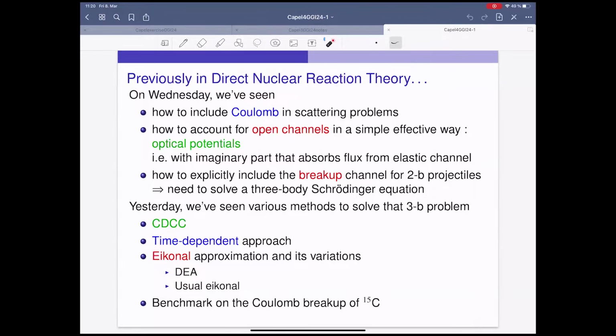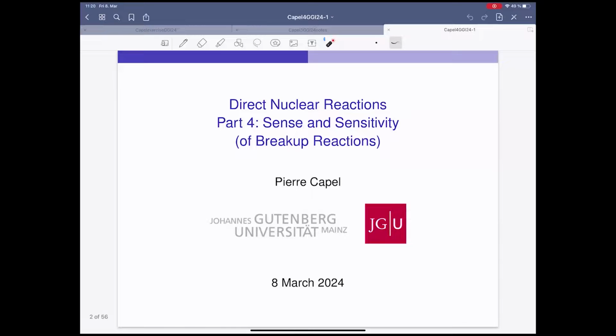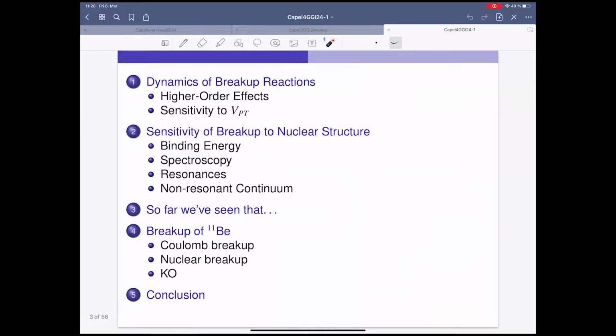What I would like to do today is to discuss exactly what we are sensitive to. So how does the reaction proceed first? So look at the dynamics of the reaction, and then look at what it is sensitive to, and what you can actually infer from these reactions. So the plan of the class is the following.